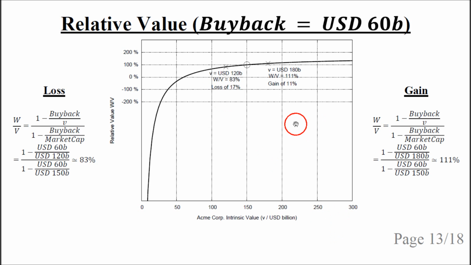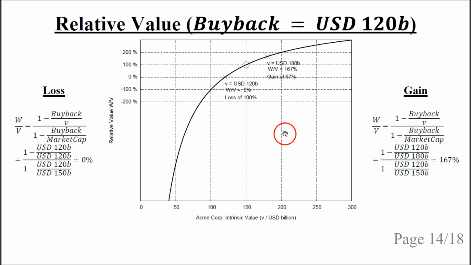Let's increase the buyback amount further. Now it's $60 billion. And in this case, we would have a gain of either 11% or a loss of 17%. So again, you should note that the gain is smaller than the loss. Now the buyback amount is really large. It's $120 billion. The market cap is $150 billion.